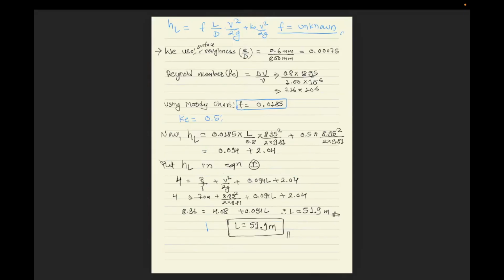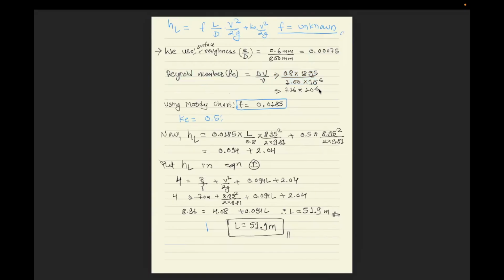We can use E of 0.6 mm, and the diameter of the pipe is 800 millimeters, so that gives us 0.00075. Similarly, while calculating the Reynolds number, VD by kinematic viscosity, we know the kinematic viscosity at 20 degrees Celsius, which is 1 times 10 to the power minus 6, and we know the diameter and velocity.